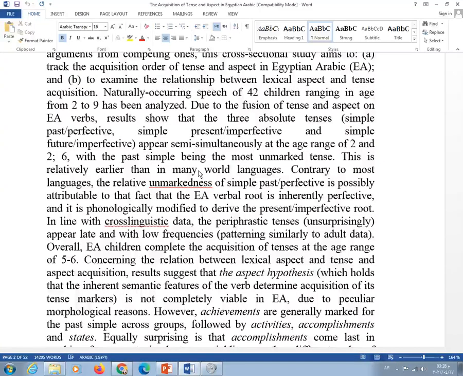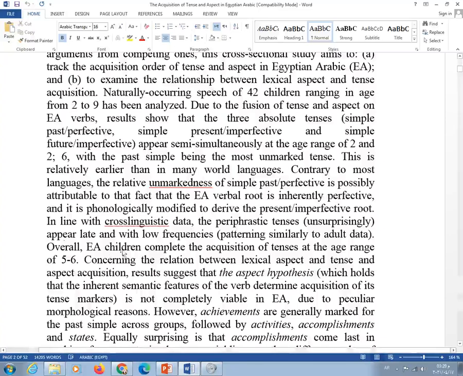And we want to see why. The study says that it is because of the fusion of tense and aspect in the morphological structure of the Egyptian Arabic verbal root. We find that the time to acquire tense is the same time to acquire aspect.